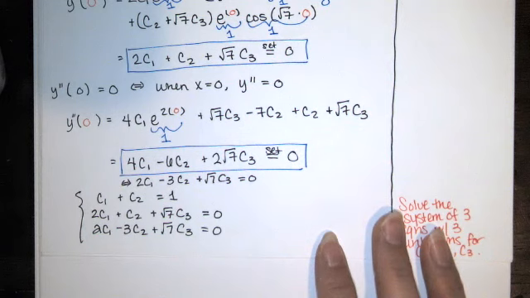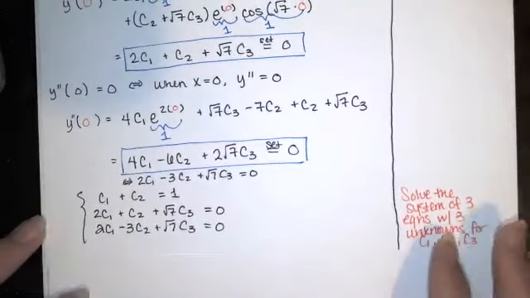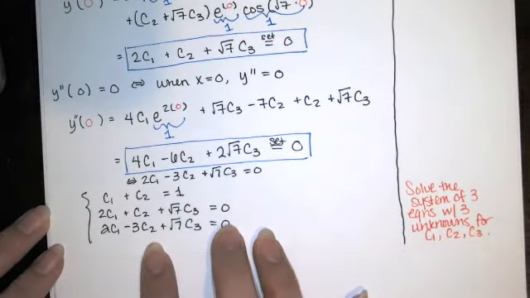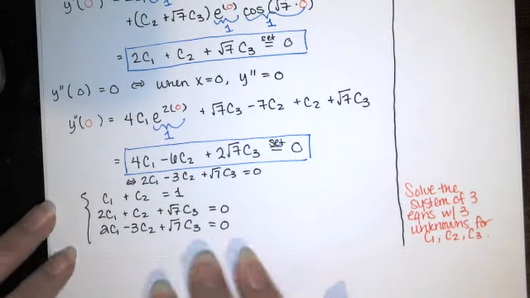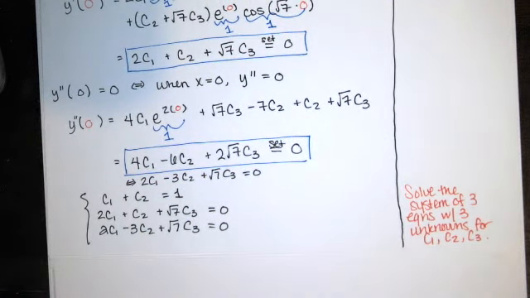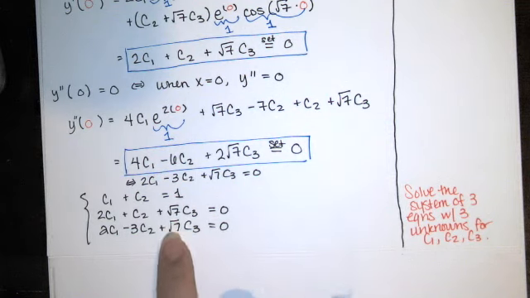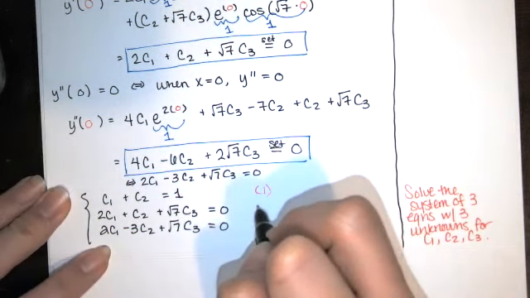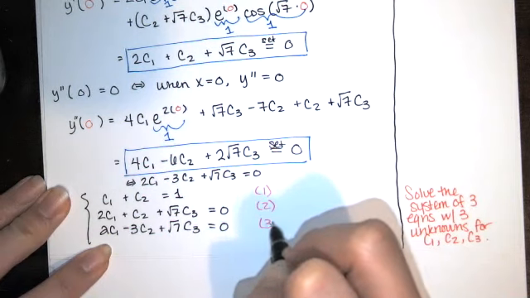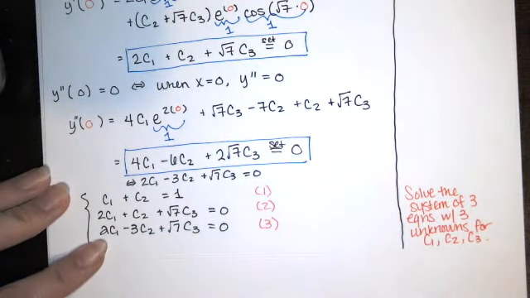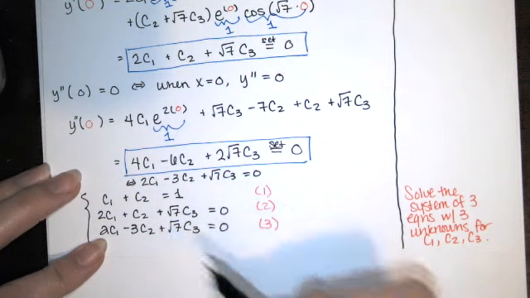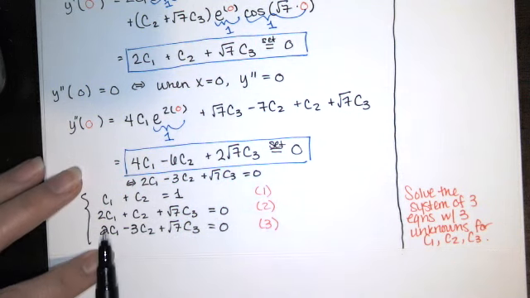So the question becomes, how do you want to do it? How do you want to write this as one equation or two equations and two unknowns? Which variable do you want to get rid of? I kind of want to get rid of the C3s because they've got this square root of 7 coefficient. That's kind of unpleasant. I mean, not too bad, but it'd be nice just to not have to deal with square roots of 7 in our equations.